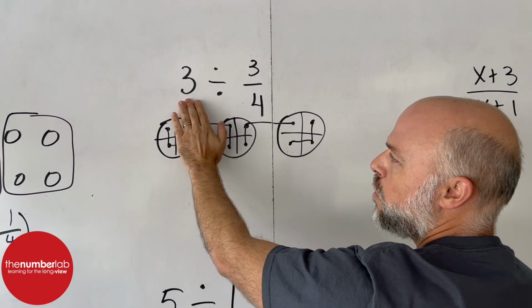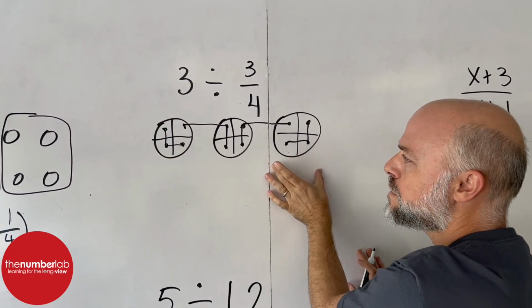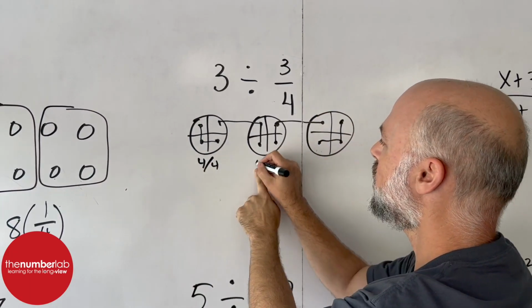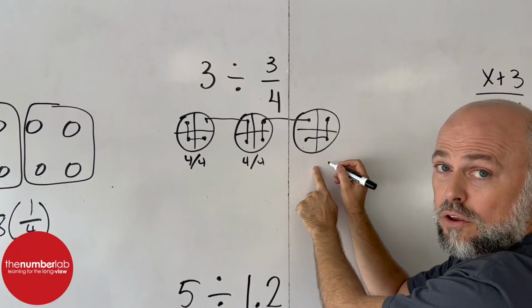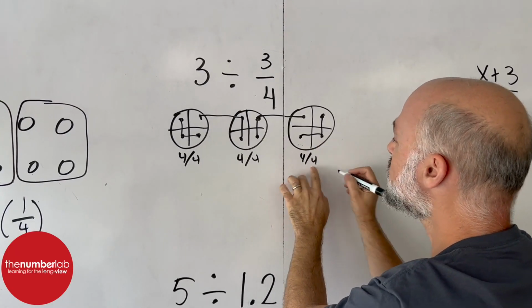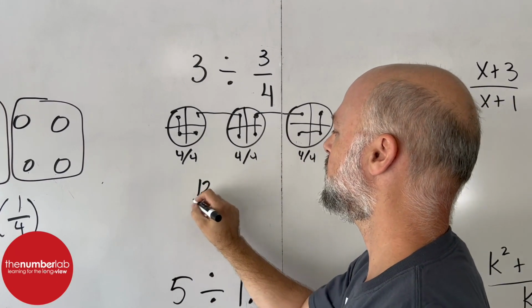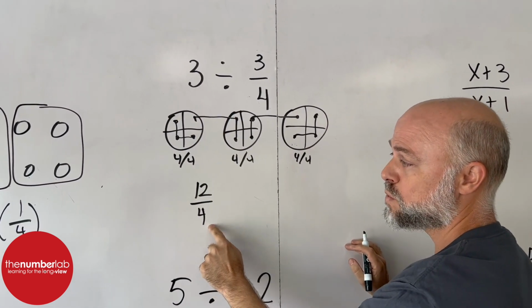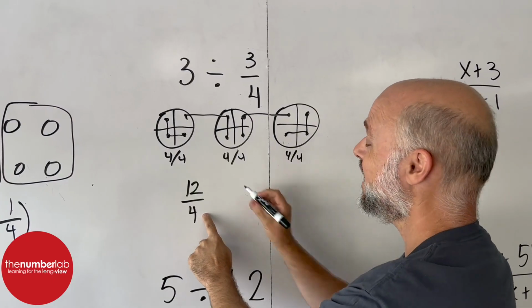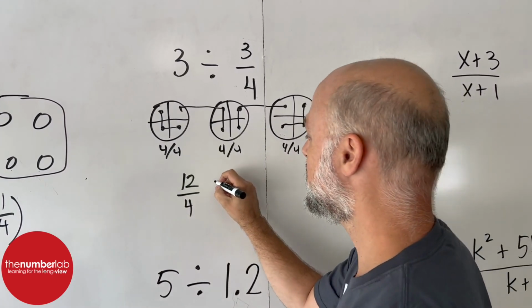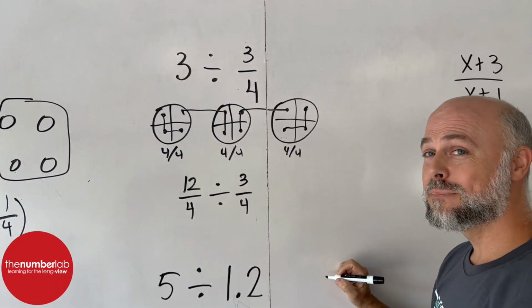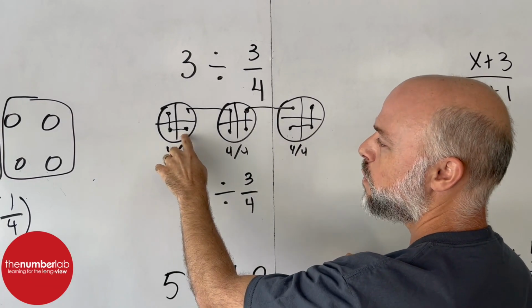When we took the 3 wholes and we considered it as fourths, this was 4/4, another 4/4, and another 4/4, for a total of 12/4. We conceived of 3 as 12/4. We substituted 12/4 for the 3. Now we're going to divide it up into these groups of 3/4, which really became 12.